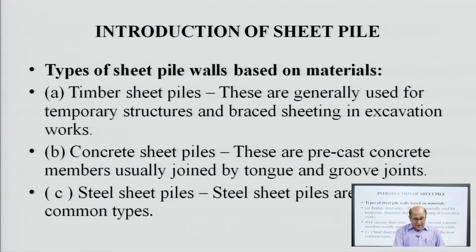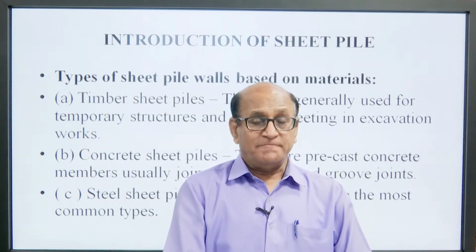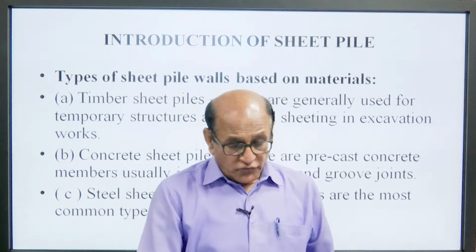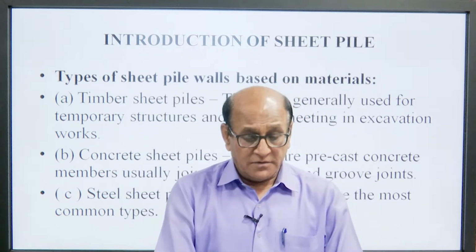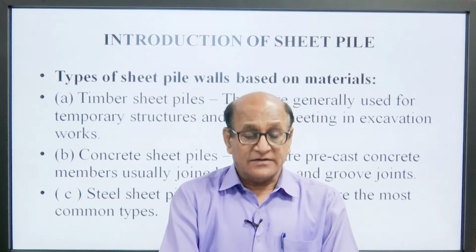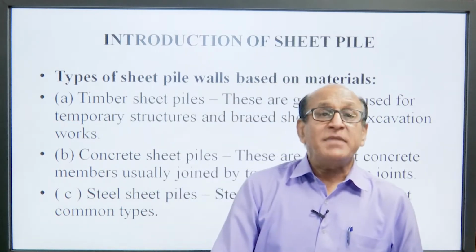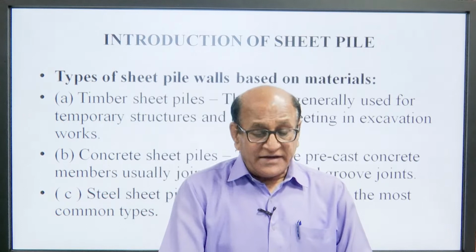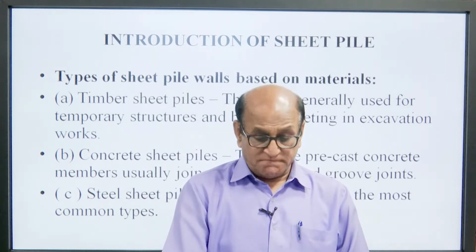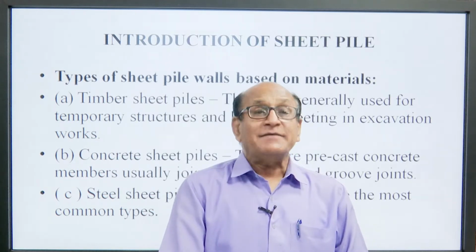Now, the types of sheet pile walls based on material. So, there are three types of sheet piles based on material. First is a timber sheet pile. These are generally used for temporary structure and breast sitting in excavation work.